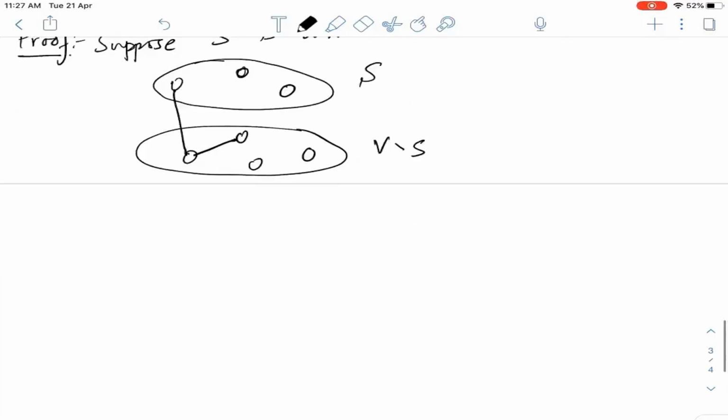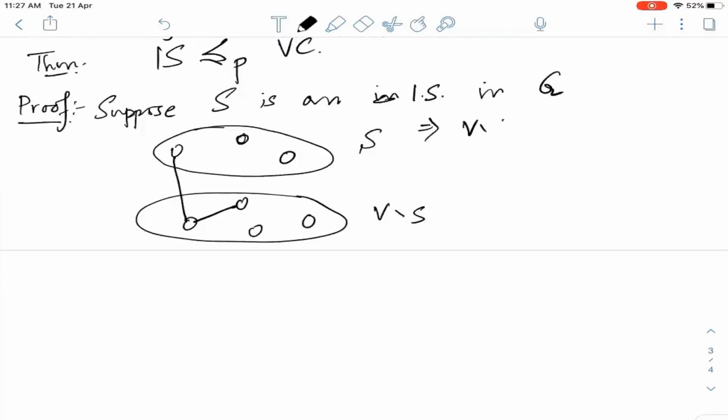Let me just write it down. Suppose S is an independent set. This implies that V minus S is a vertex cover.